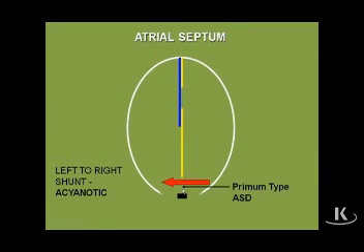Now, associated with that are valvular defects of the tricuspid and mitral valve, because you can see where the endocardial cushion is. There's the right and the left atrioventricular canals. That's where the tricuspid and mitral valves would normally exist. And in fact, those valves are contributed to by the endocardial cushion.